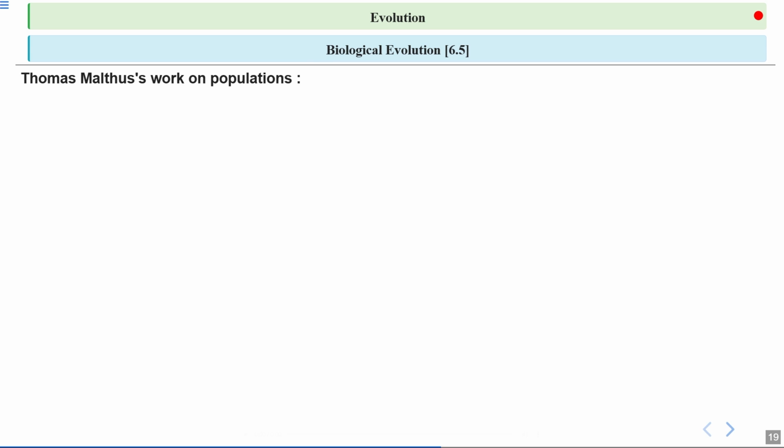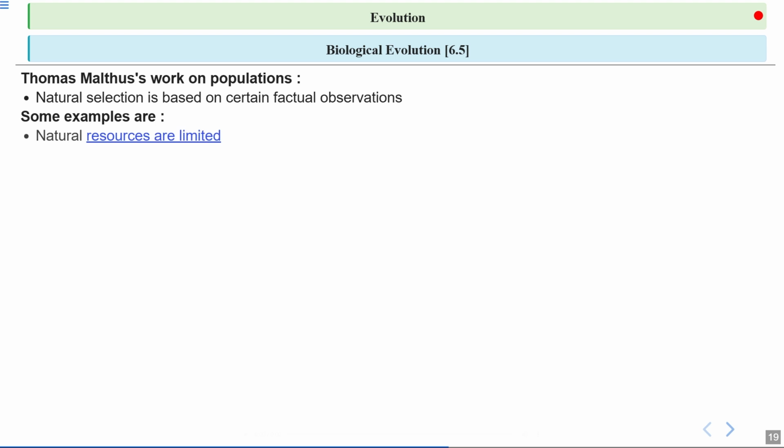Now let's talk about Thomas Malthus' work on populations. Natural selection is based on certain factual observations. According to Thomas Malthus, first of all, natural resources are limited in nature. Because natural resources are limited, competition occurs.